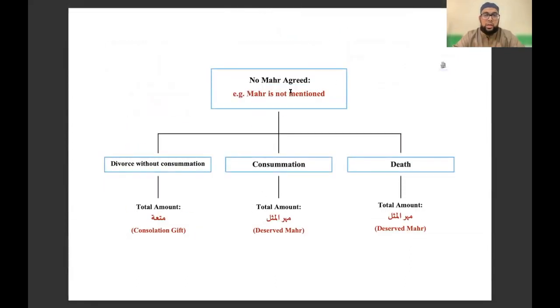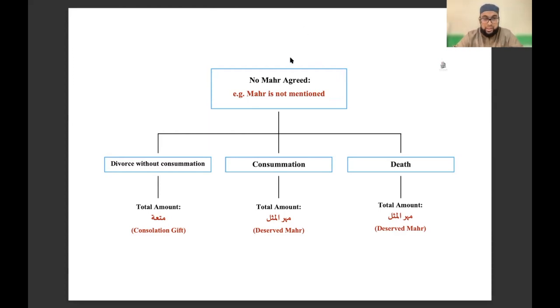Now, what if no mahr is agreed? Either they were discussing it and they couldn't come to an agreement, but they wanted to get married anyway, or they didn't even talk about it at all. They just decided to get married without a mahr, or they never even knew that mahr was due. They never heard of mahr. They got married and they had no idea that mahr is due.